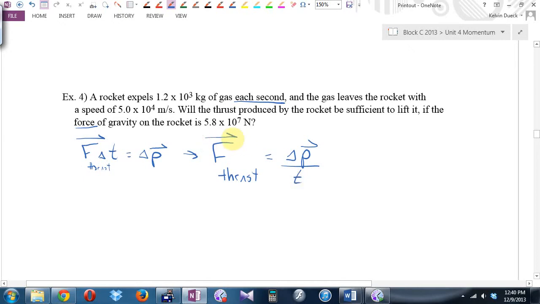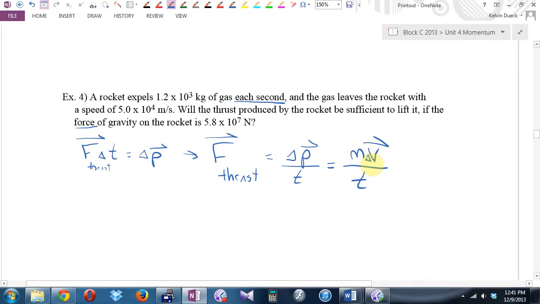In any rocket, you have mass going out the back, fuel, at a certain speed. By the way, technically it's a change in momentum, but we're just going to look at one single solitary second, so we're just going to go mass times velocity.